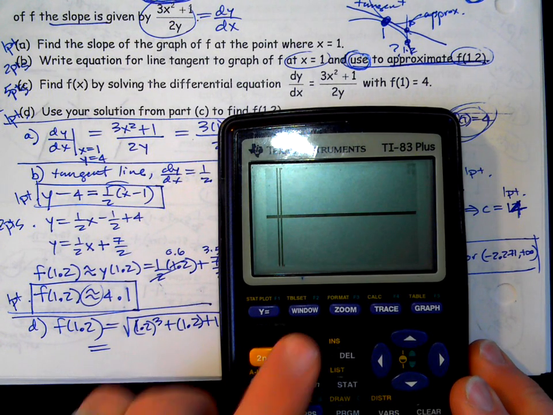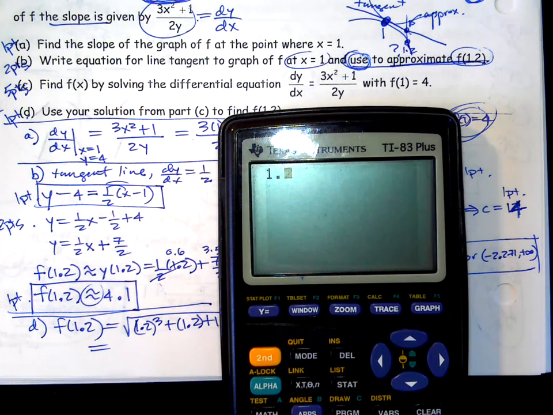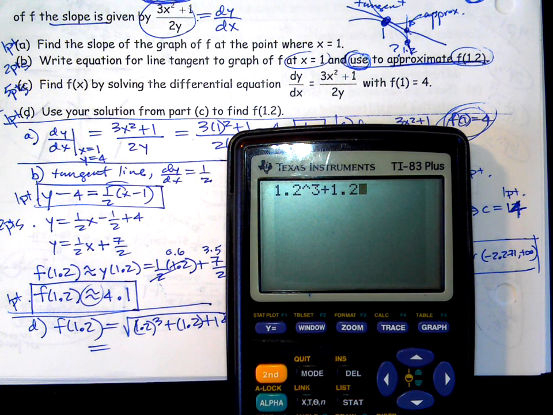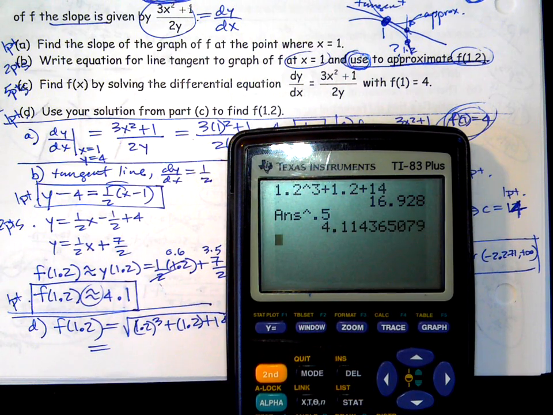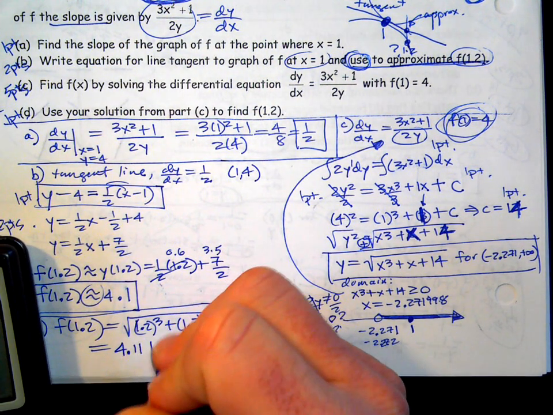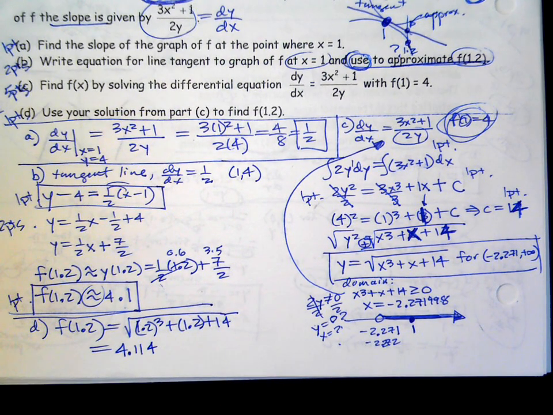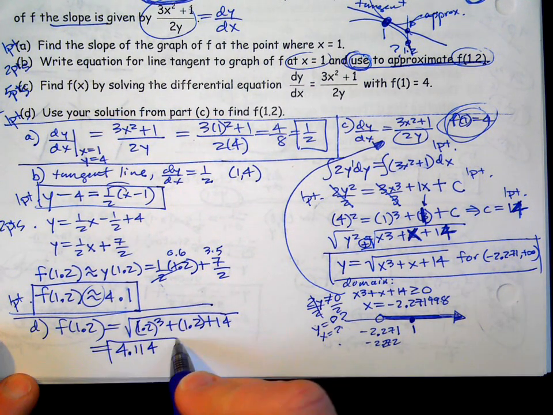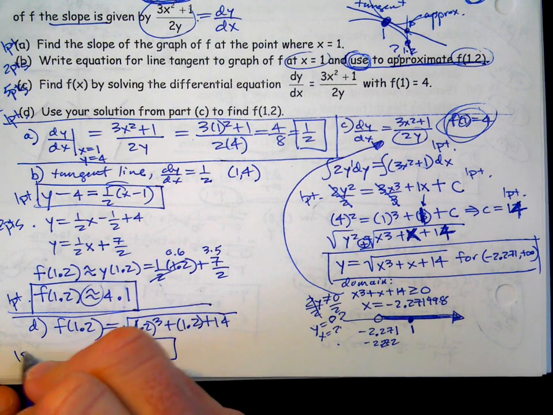So I'm just going to put in my calculator 1.2 to the third power plus 1.2 plus 14 raised to the 0.5, and we get 4.114. Just 3 decimal accuracy for your final answers. Rounded or truncated comes out the same either way. This was worth 1 point because it was pretty quick.